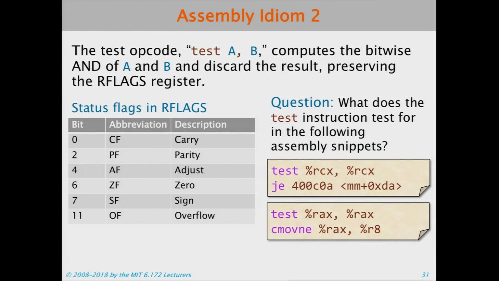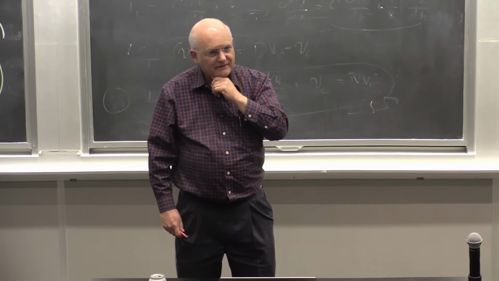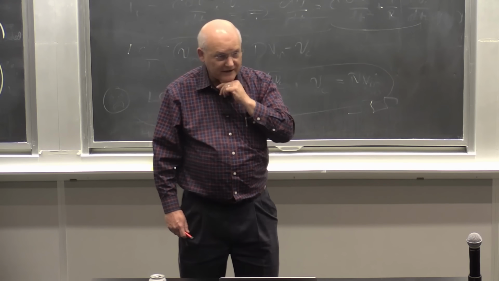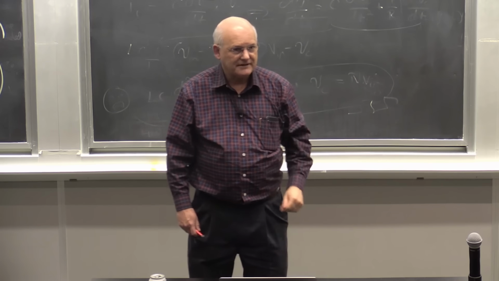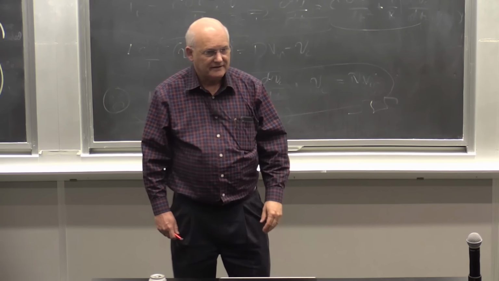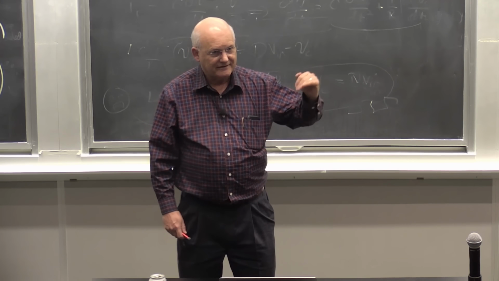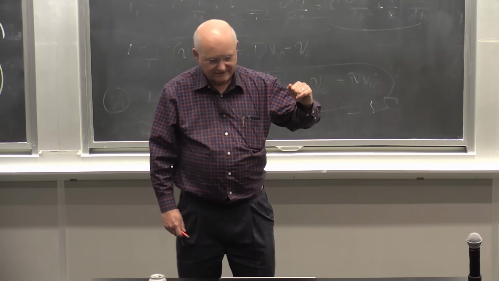So it takes the bitwise AND of A and B, right? And so then it's saying jump if equal. Right, the AND would be non-zero if any of the bits were set. If the zero flag was set, that means that RCX was zero.